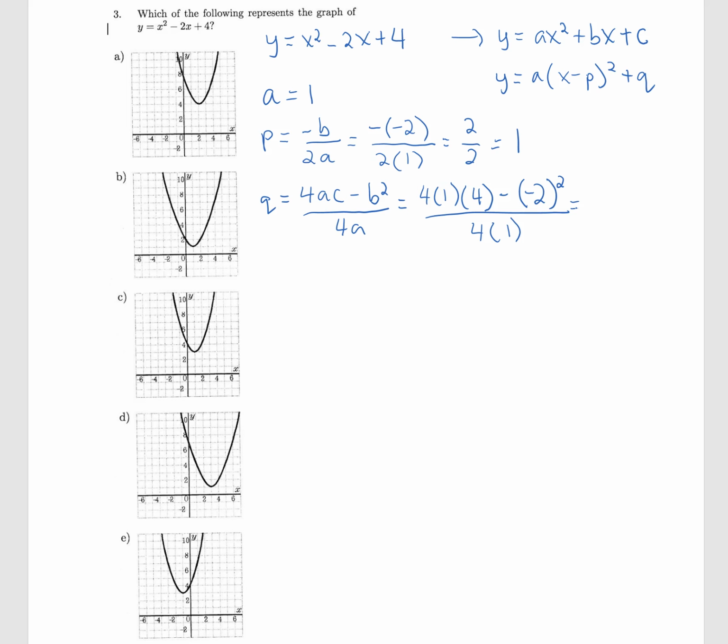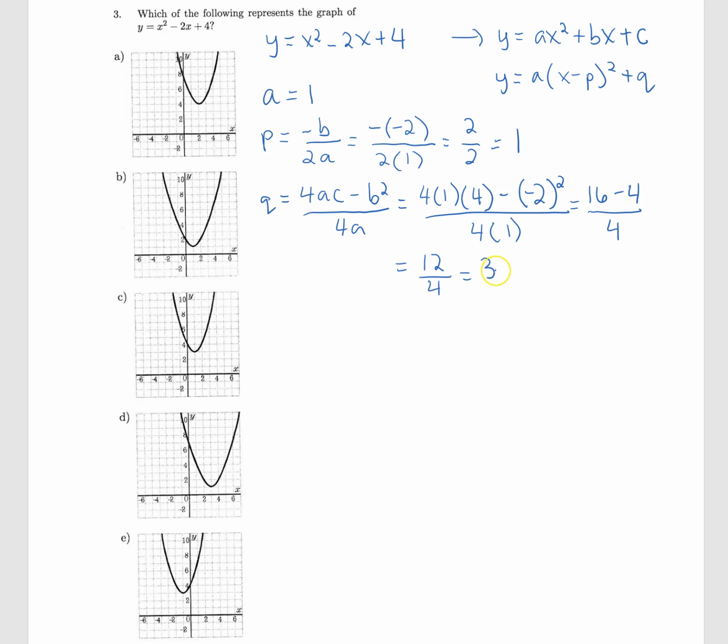So evaluating the top here, we have 4 times 1 times 4 is 16. Negative 2 squared is positive 4, but we keep this minus sign out here, so we have a minus 4 on the top. On the bottom, we just have 4. Continuing this on down here, 16 minus 4 is 12 over 4, and 12 divided by 4 is 3.